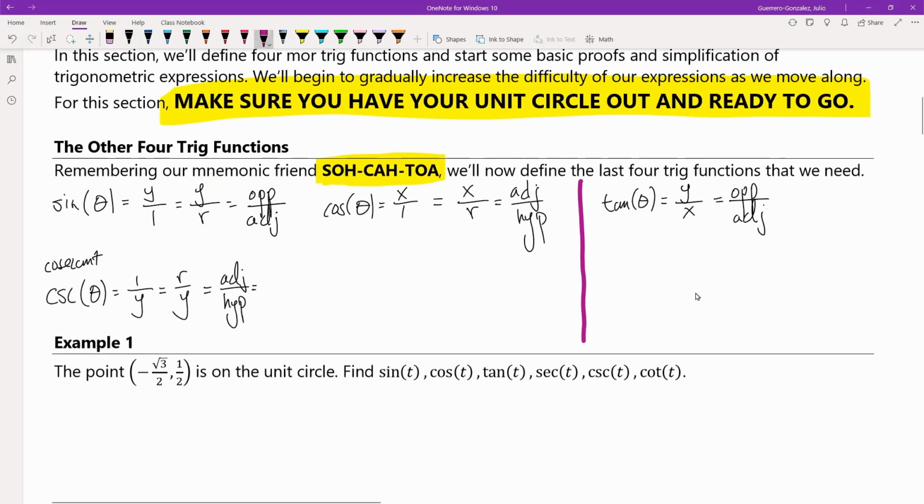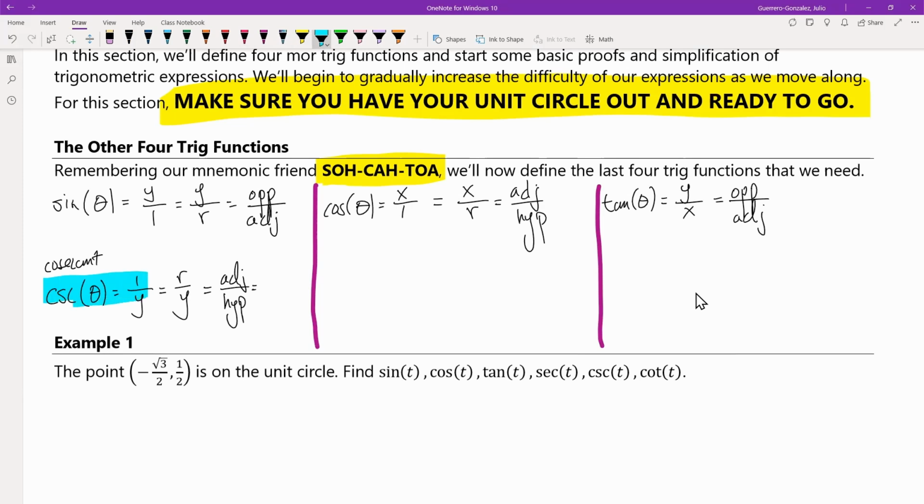Let me move this line over just a little bit. I'm going to do the same thing with this one. There we go. Now, between these two, you guys see how cosecant is 1 over y, and that is equivalent to that, so y is equivalent to sine.